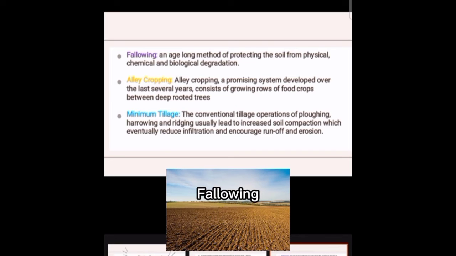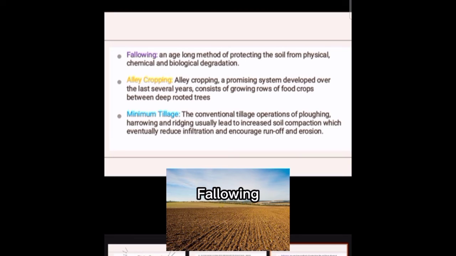Now we have fallowing. Fallowing is an age-long method of protecting the soil from physical, chemical, and biological degradation. This is the practice of abandoning a piece of land to regain its fertility status, after which it is used again for another period of cropping. Soil fertility maintenance is through the long fallow period.